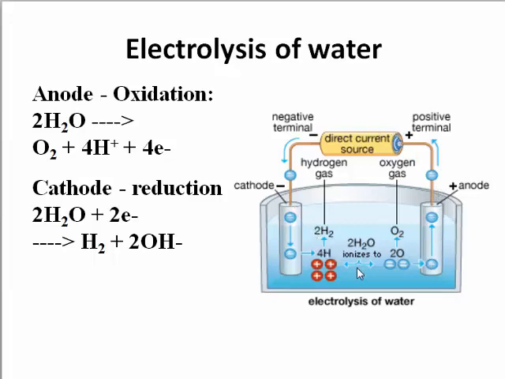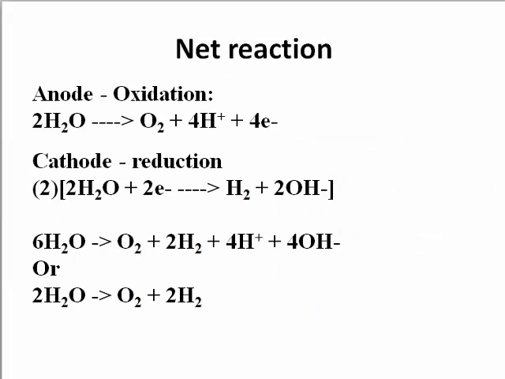Okay, and so we have gas evolving at both electrodes. And products within the solution include protons and hydroxides. The net reaction: oxidation at the anode is added to reduction at the cathode.